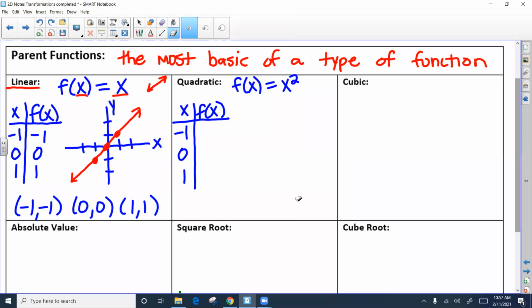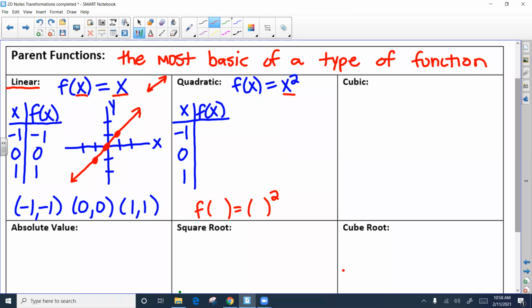So even though technically we can pick anything we want, we are picking those x values so that we have a negative, a 0, and a positive. All right, so let's find our outputs. These are our inputs. We want to find our outputs. Here's our function here. f of x equals x squared.